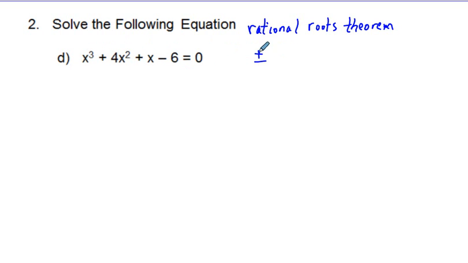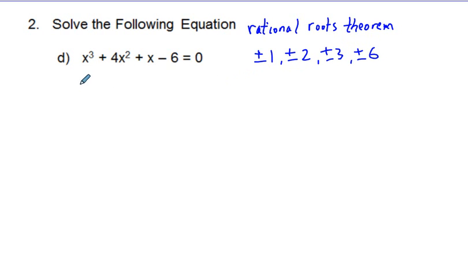So what are your possible factors of 6? Well, they are going to be plus or minus 1, plus or minus 2, plus or minus 3, plus or minus 6.